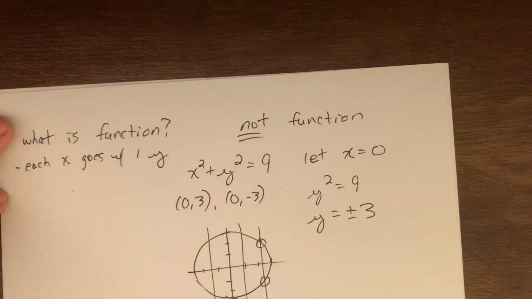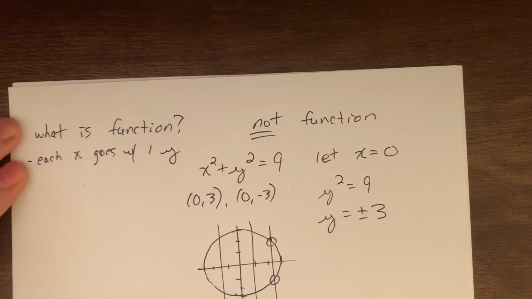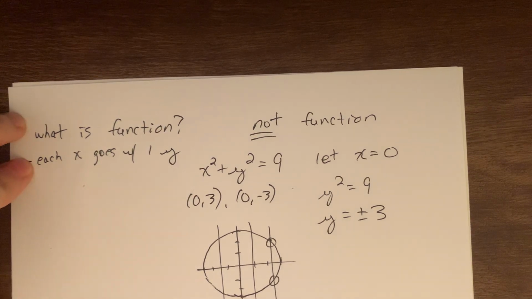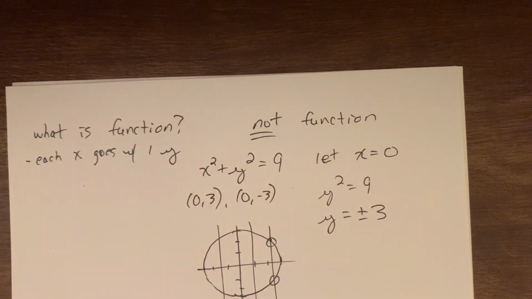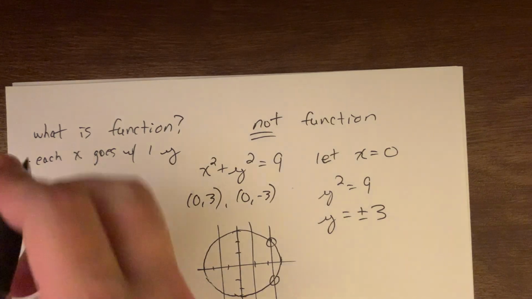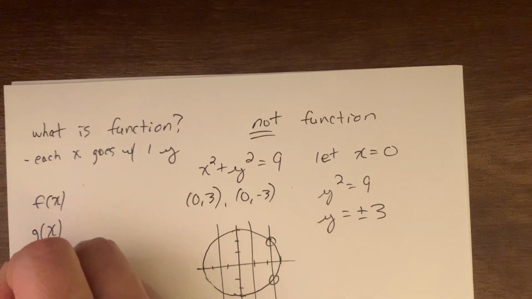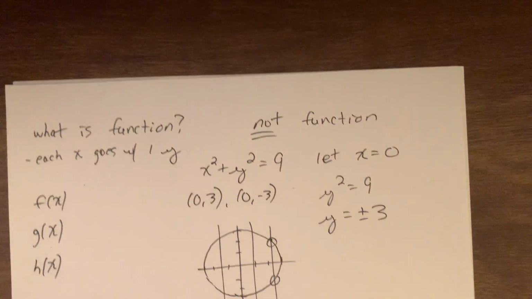But now again, back to the idea of, okay, well, what is a function? Well, that's the idea. So our equation would be set up in a way that 1 x would only lead to 1 y if we had to try and solve. We should be familiar, if we're dealing with a function, we're pretty much always given the y solved by itself, because we're so used to function notation. f of x, g of x, h of x.